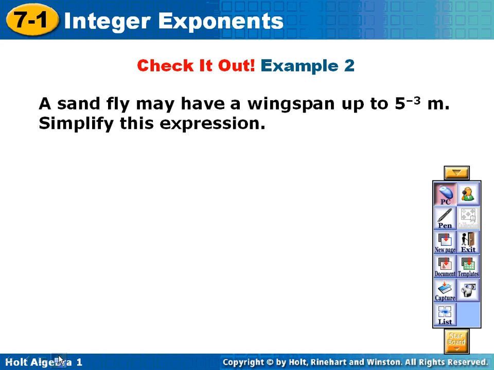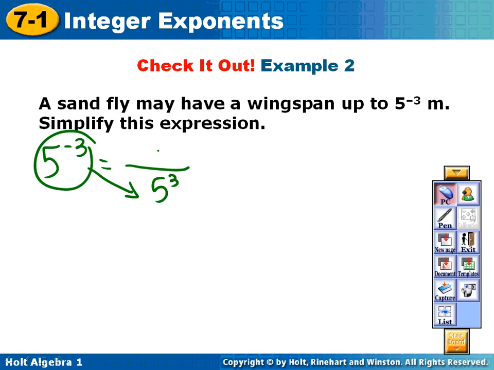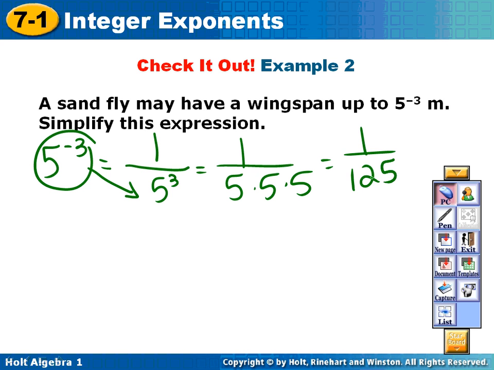Number 2. A sandfly has a wingspan of 5 to the negative 3. That means take 5 to the negative 3 and switch it to the denominator as 5 to the positive 3, with 1 on top. That is 1 over 5 times 5 times 5, or 1 over 125, which is 1/125th of a meter.